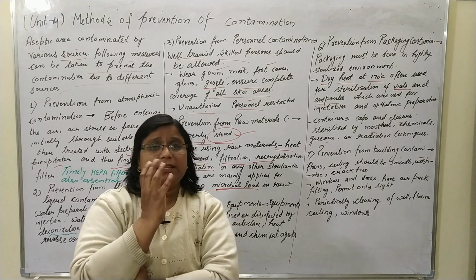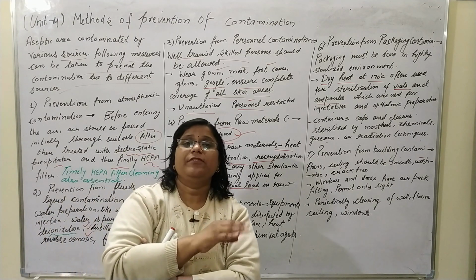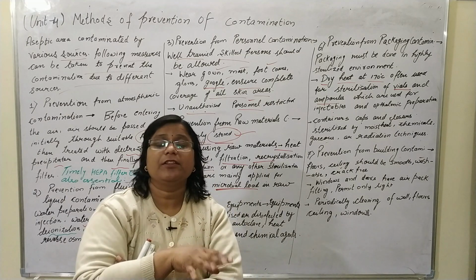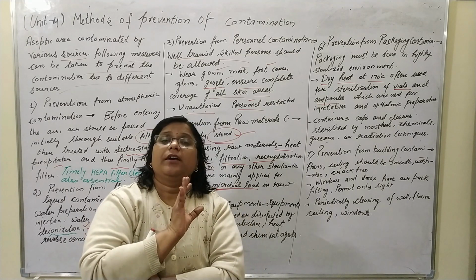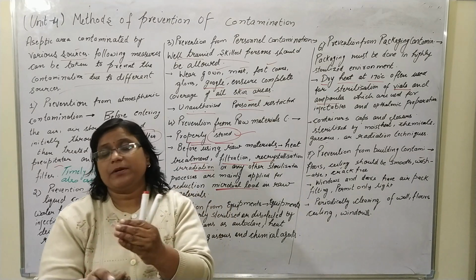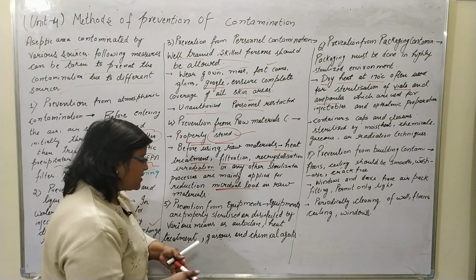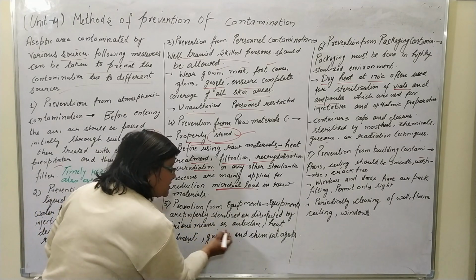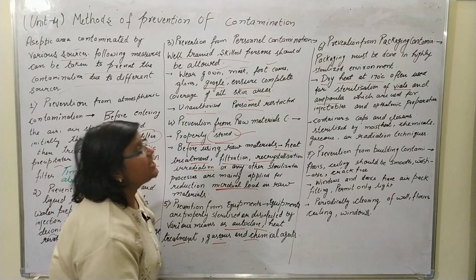So we have to keep in mind that the equipment used for production has to be cleaned and sterilized very cautiously and attentively. Equipment is sterilized or disinfected by various means like autoclave, heat treatment, gases and chemical agents.